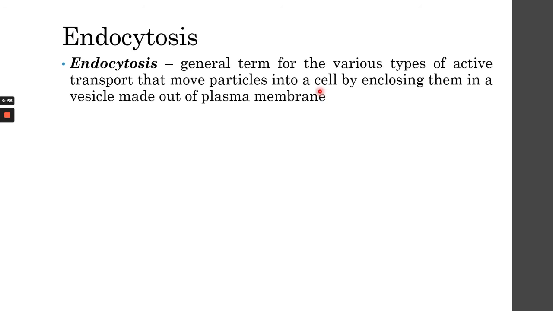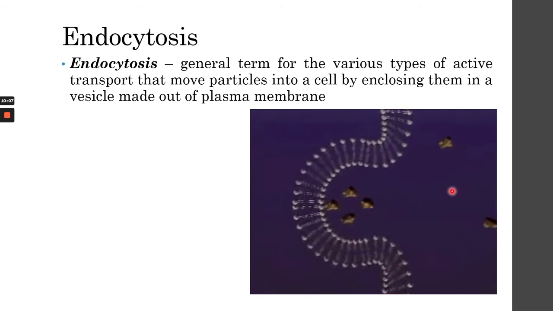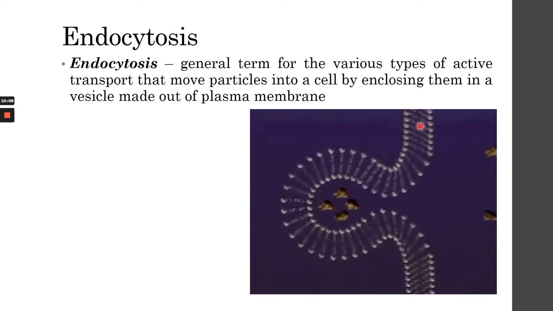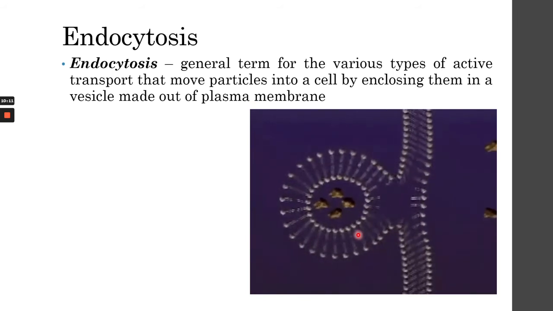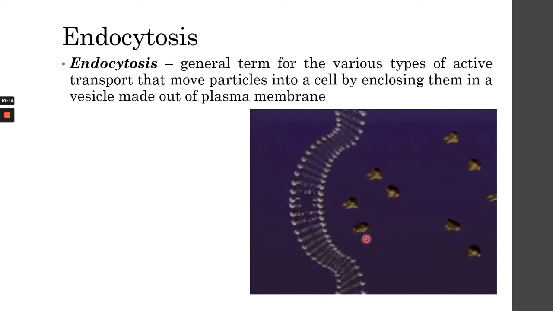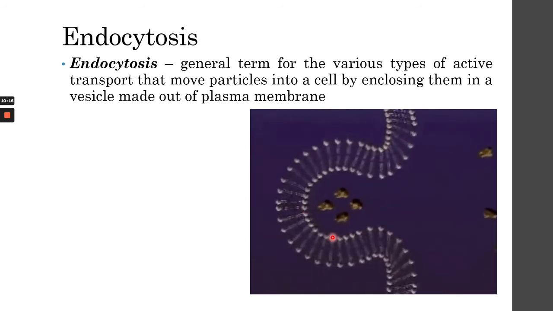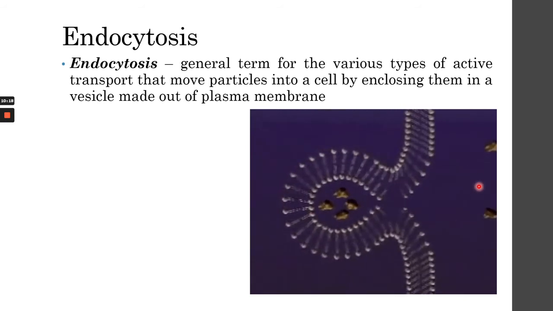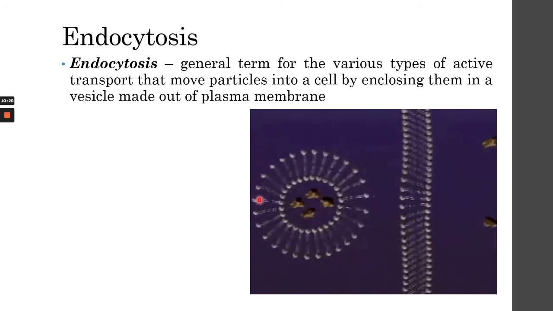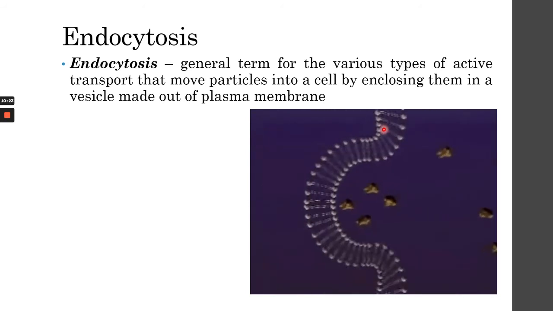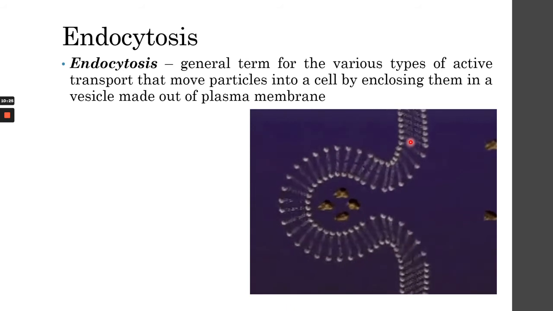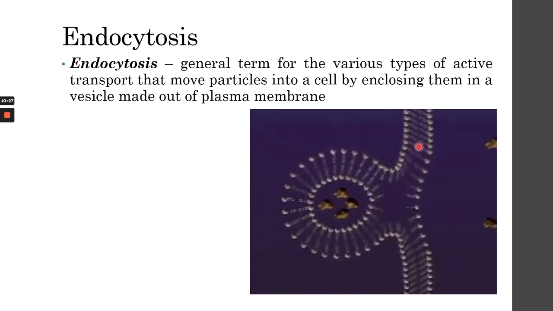Yun, so it's a general term for the various types of active transport that move particles inside the cell by enclosing them in a vesicle made up of plasma membrane. So how does it do that? You have a moving picture right here, or this is your plasma membrane right here. You can think of this as your plasma membrane. This is your ECF, and this is your ICF, so this is the cytosol. What the cell does is it uses its plasma membrane, because remember, plasma membrane is fluid, tama?